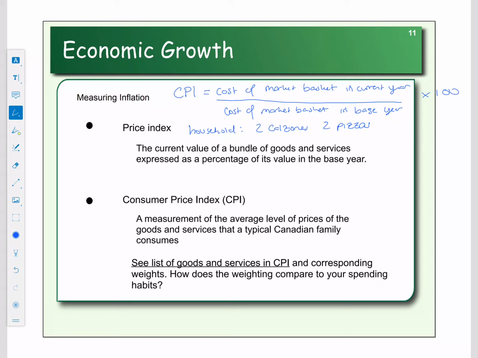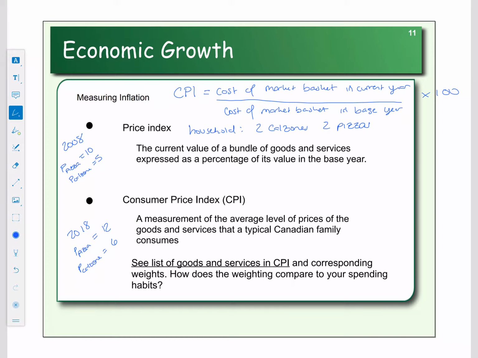So if we refer back, we know that in 2008, the price of a pizza was $10 and the price of a calzone was $5. And in 2018, the price of a pizza was $12 and the price of a calzone was $6.